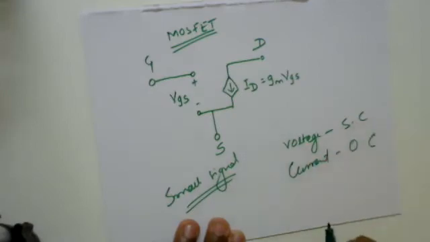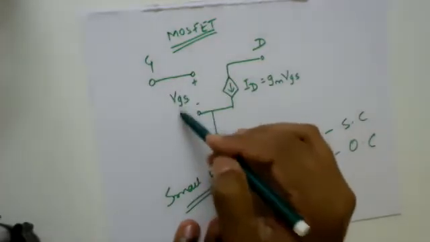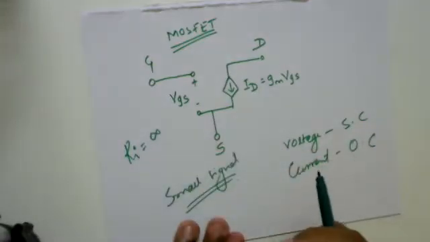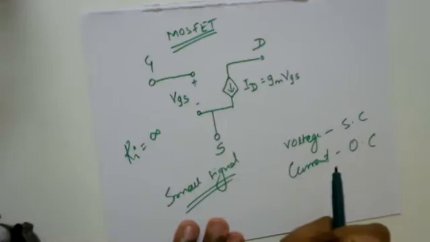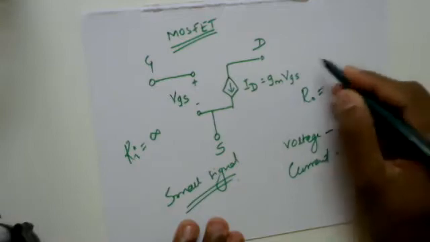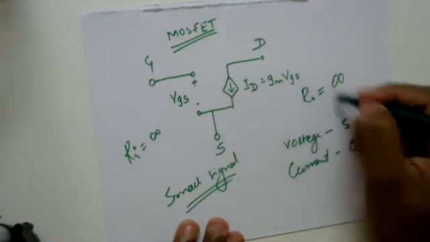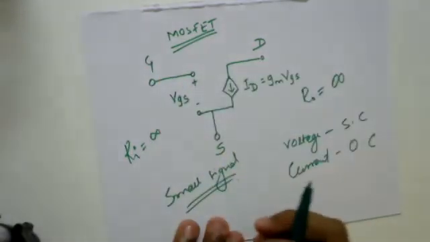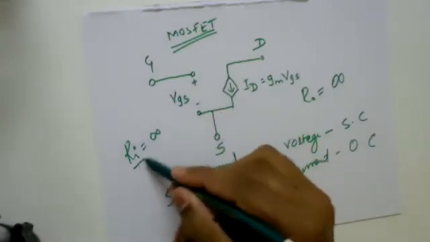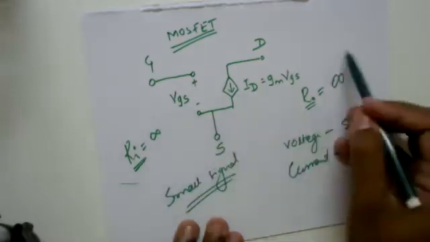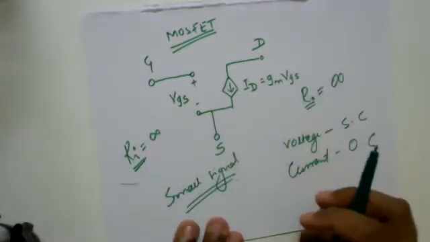This is from first fundamentals. As I know, the input resistance of this MOSFET is infinite, and if I assume the output resistance is also infinite, then I'm not going to show any Ri and Ro in my circuit. You can see there is no term related to Ri and Ro, indicating that the input resistance and output resistance are both infinite.